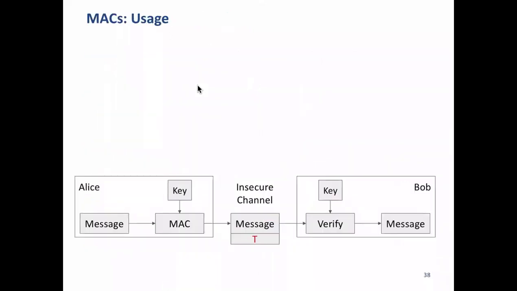So it's like this. Here is Alice, and she wants to send something to Bob, and she sends it over an insecure channel, so Mallory can intercept it. We have a message which can be of any length, and this is a fixed size key.